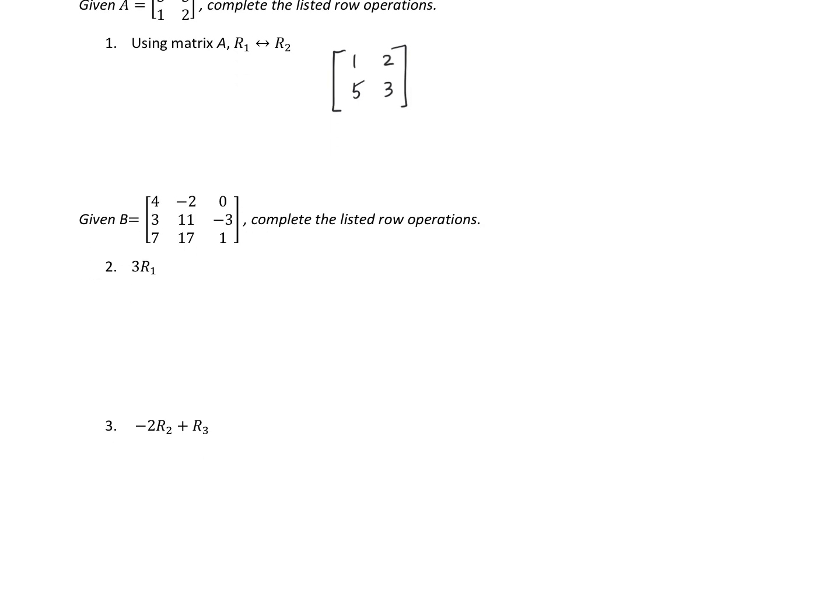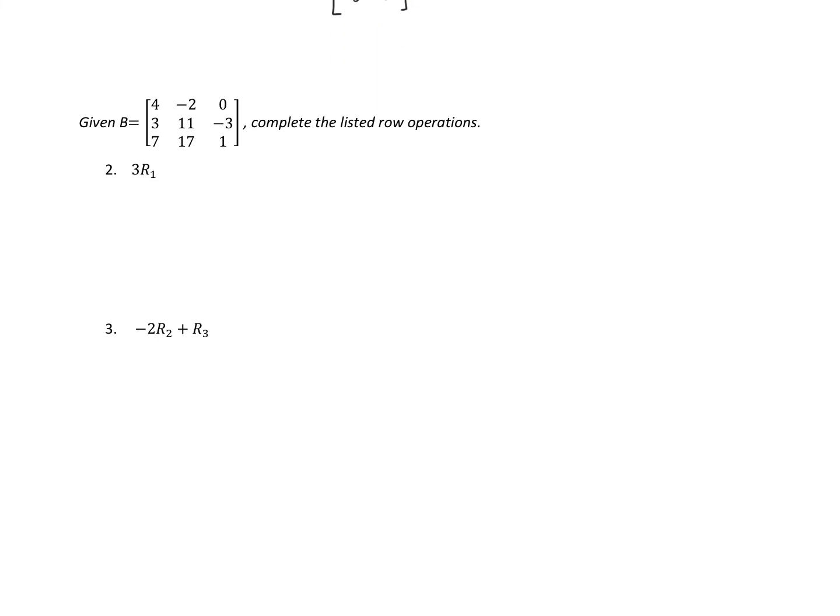Okay, let's look at number 2. So this is an example of the second row operation. We want to multiply row 1 by 3. So just row 1. So row 1 is getting multiplied by 3. Okay, so that means 4 times 3 is 12. Negative 2 times 3 is negative 6.